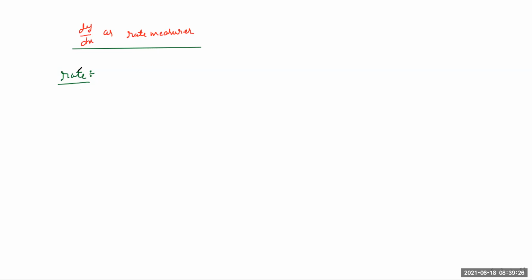Okay. So rate is basically a concept in mathematics. Also, you can say in physics, everywhere it's a concept, which means something per unit value. Let's say you go to a sweet shop, and you ask the price of rasgulla or maybe gulab jamun.